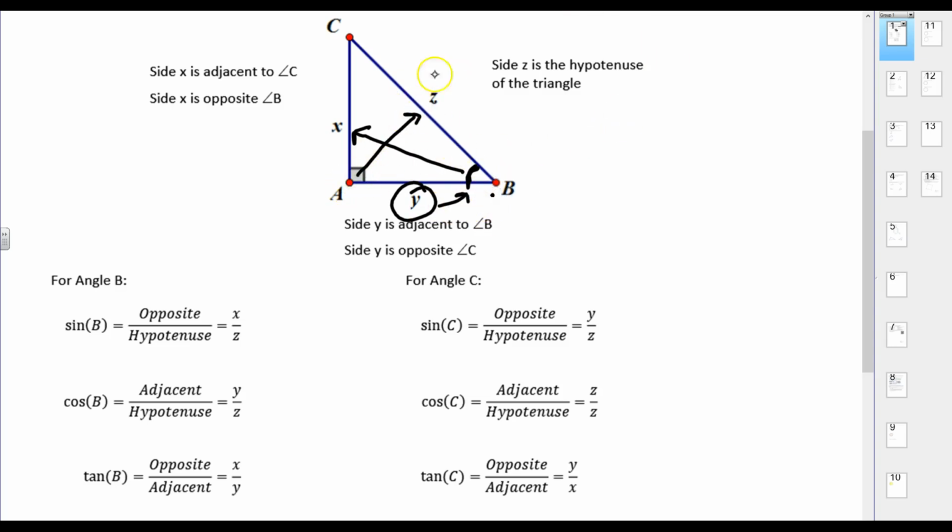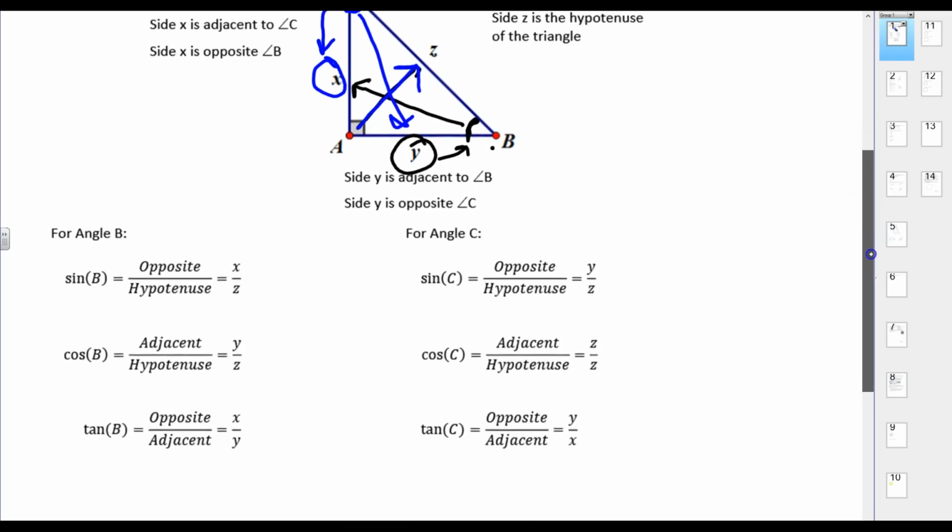Now notice, Z is adjacent to B, but because it's the hypotenuse, we don't call it the adjacent side. Similarly, if we're looking over here at angle C, X is adjacent to angle C, Y is opposite angle C, and Z is still the hypotenuse.